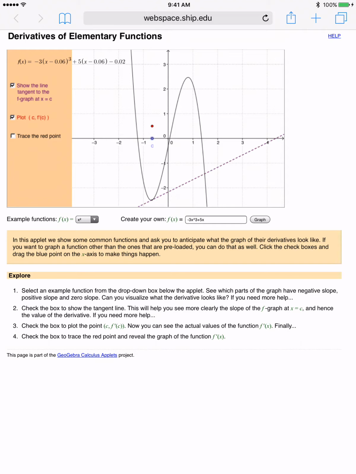Right there, it starts being above the x-axis. I think it's still above the x-axis. Yep, still above, still above. And then right here is where it starts going below the x-axis.